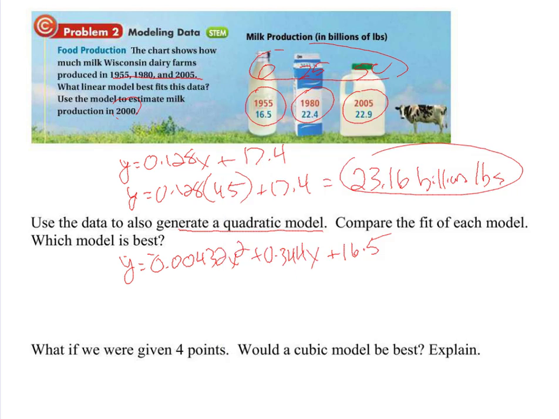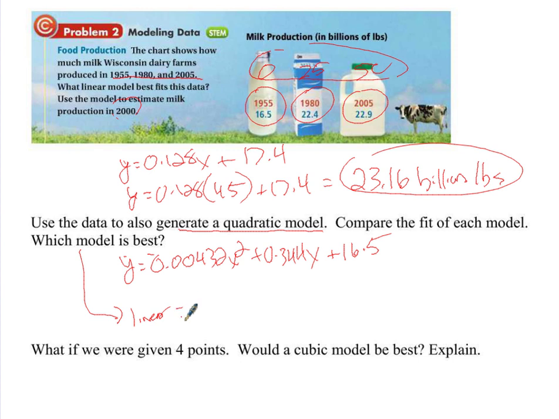So to answer the question, which model is best? We said compare the fit of each model. The quadratic is definitely a better fit. But which model is best? The linear is best. Why is the linear the best?